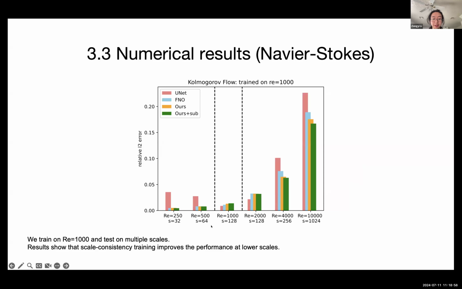So in this case, we just train on Reynolds number 1000, and we use the restriction to subdomains and self-supervised training by scalings. Overall, it shows that using these models with data augmentation by scalings reduces error for both lower Reynolds numbers and higher Reynolds numbers.